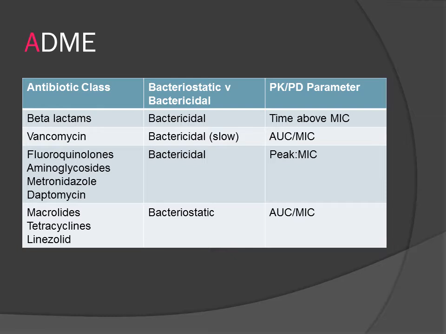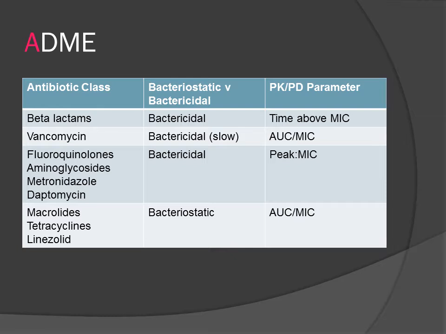Vancomycin is bactericidal. It's got slow activity. It basically works on AUC versus MIC, the area under the curve being the amount of exposure to the drug versus the minimum inhibitory concentration. Fluoroquinolones, aminoglycosides, metronidazole, and daptomycin all are bactericidal and are also peak versus MIC.